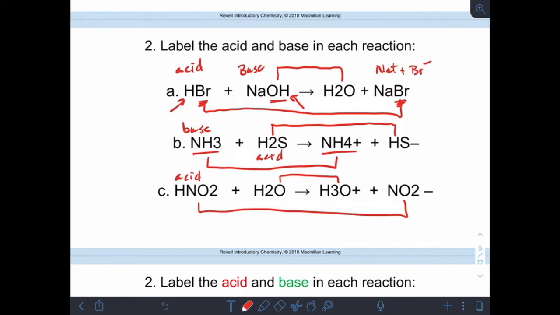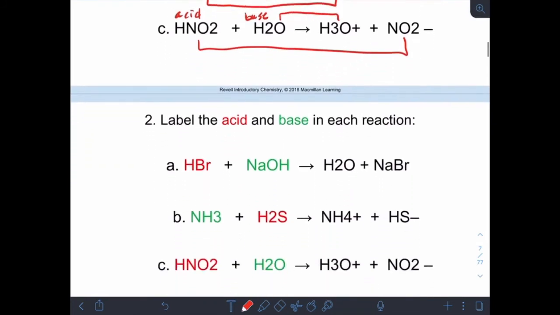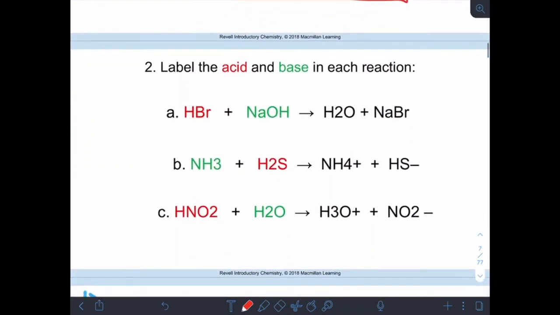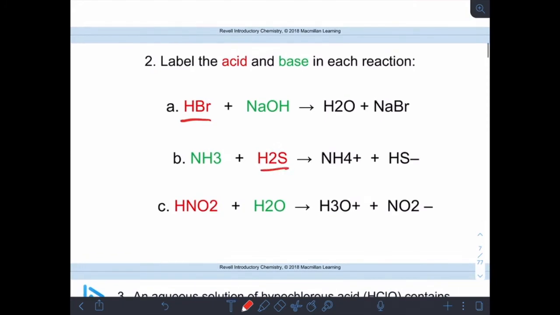It's picked up a proton, it's accepted a proton, so that makes it our base. Okay. So here are our acids. Our acids are in red, and then our bases are in green.